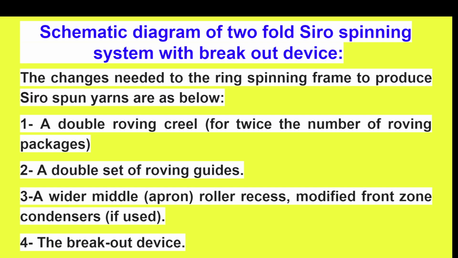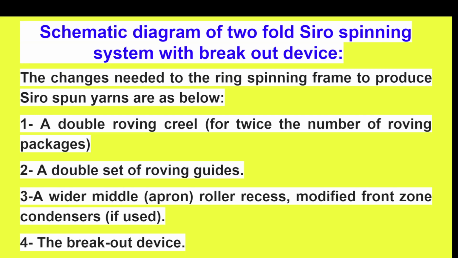Guys, in case of Siro spinning system, our middle apron should be wider, or the width of the middle apron should be more than a normal ring frame machine.